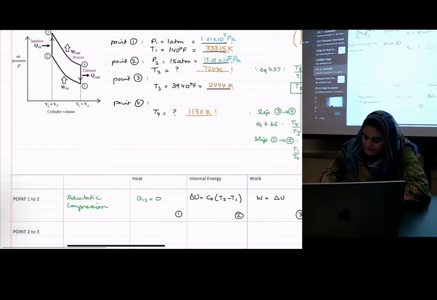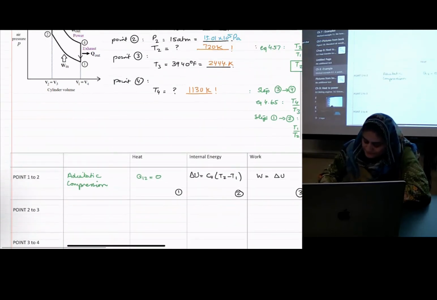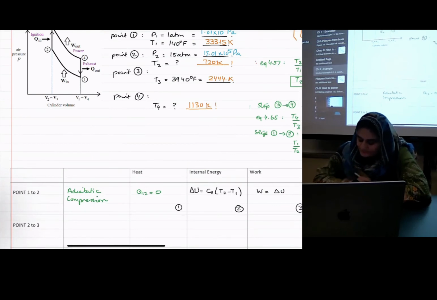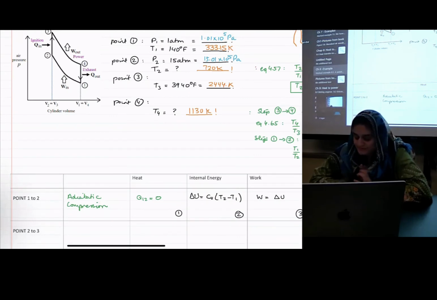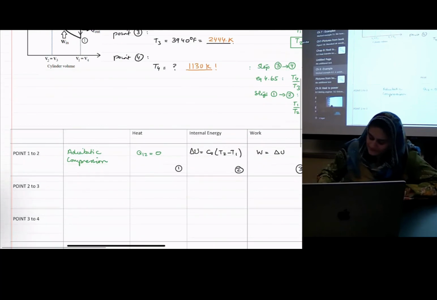Now, what is step number 2? What was it called? Step 2 to 3 is what kind of a step? Isochoric.